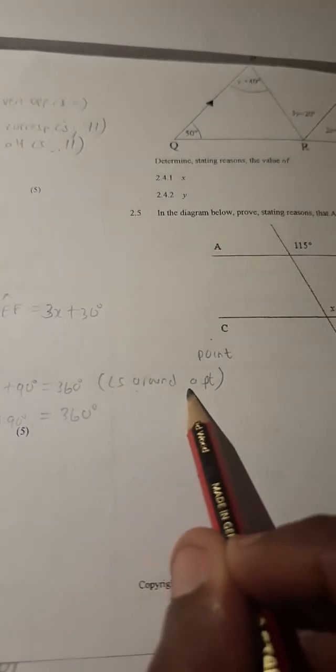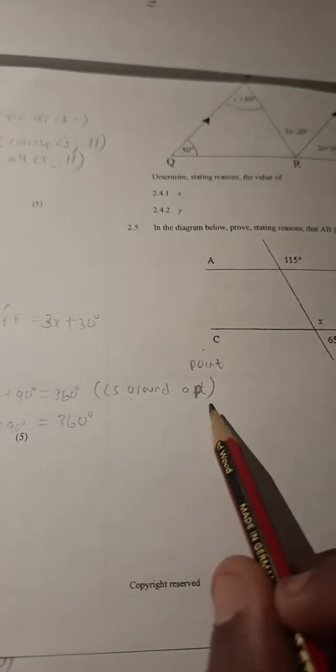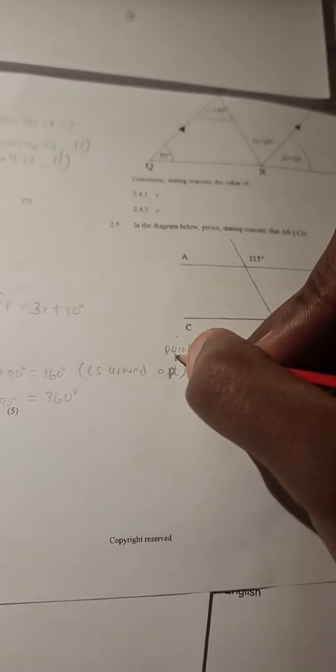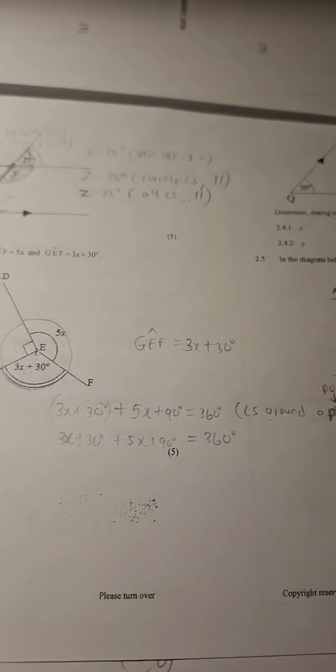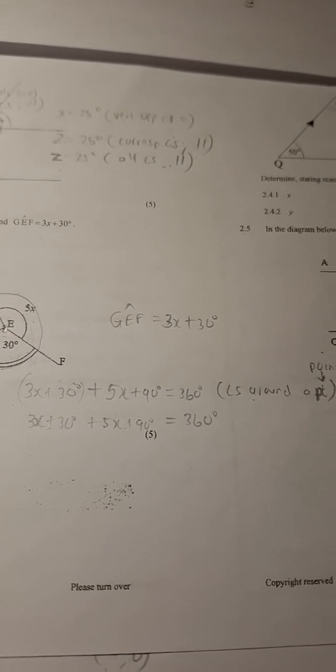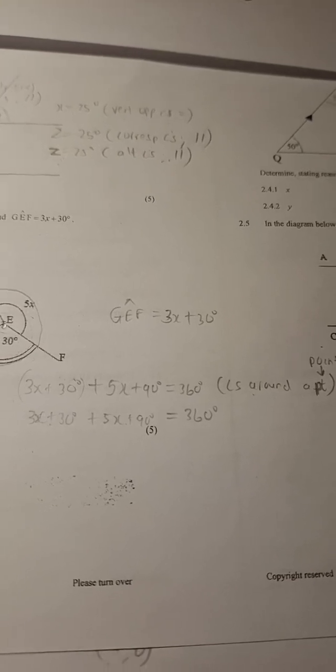Azande, when we write the reasons, we try and make sure that we are aligning our reasons to the acceptable reasons that are in the exam guideline. We want to become very good learners by the time we are in grade 10 and we are doing maths, especially when we are doing geometry.